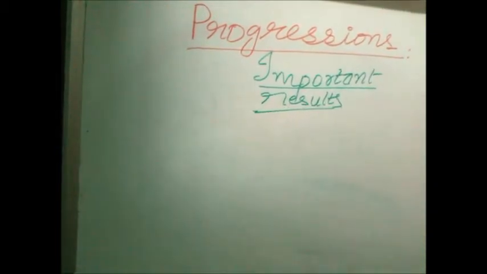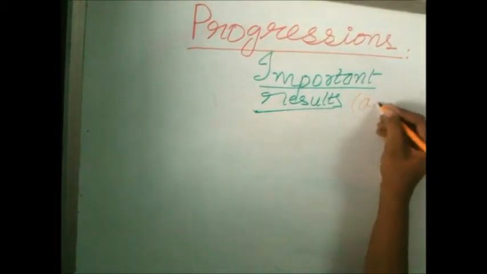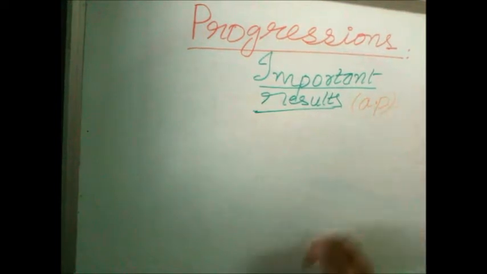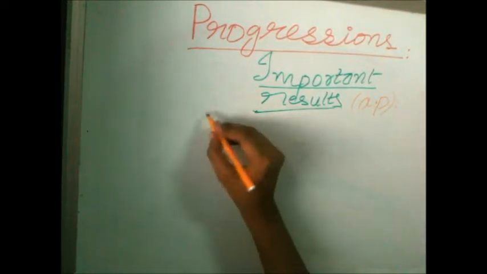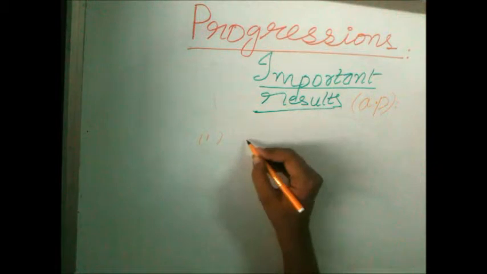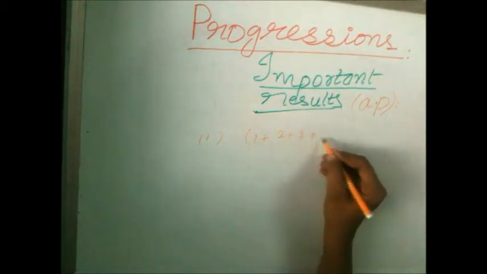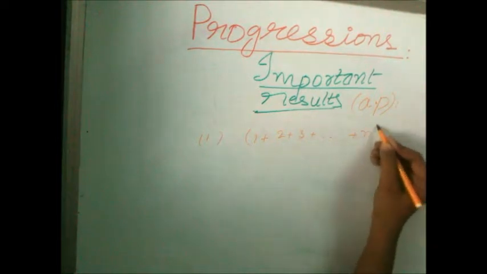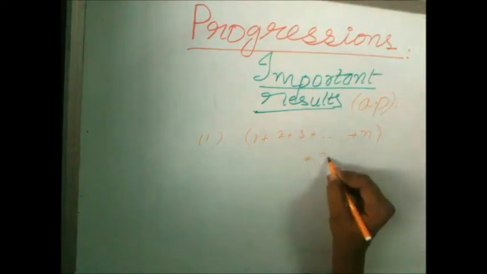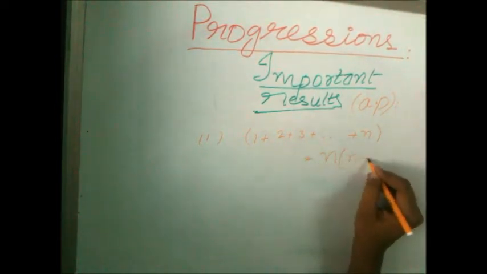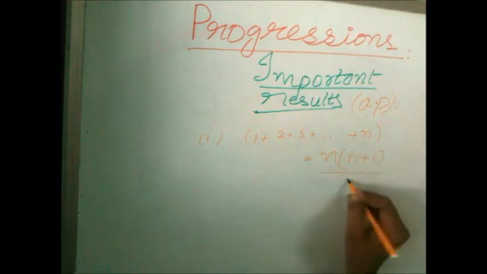So let us discuss some important results of arithmetic progression. If we are adding 1 plus 2 plus 3 and so on up to n terms, then it is equal to n into n plus 1 by 2.